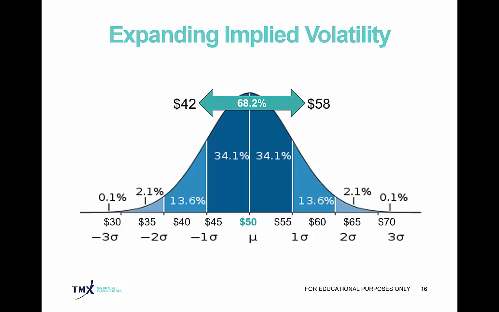So in this case, you'll see because of that change in market expectation, the market maker now is saying, okay, now the potential for the shares to either trade down to 42 or up to 58 while they're actually currently sitting at 50. So what they've done is they've forecasted an increased probability for more volatility in the shares.